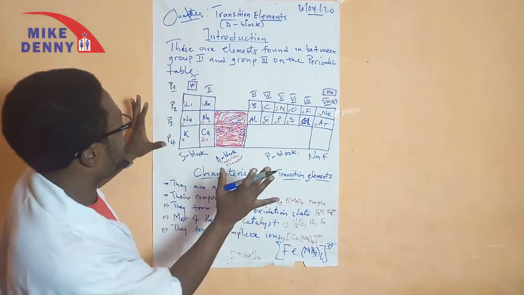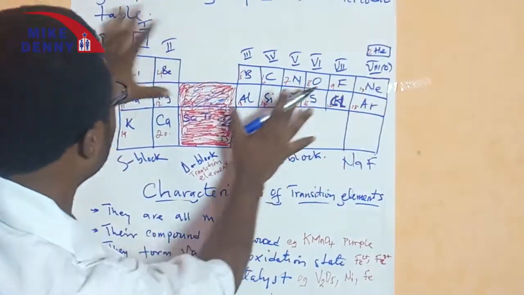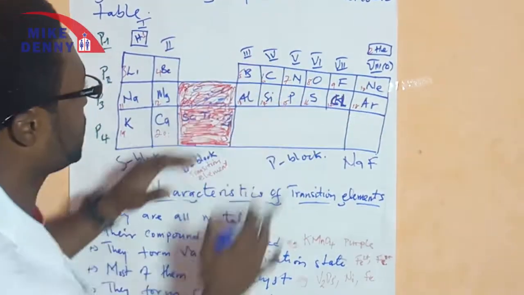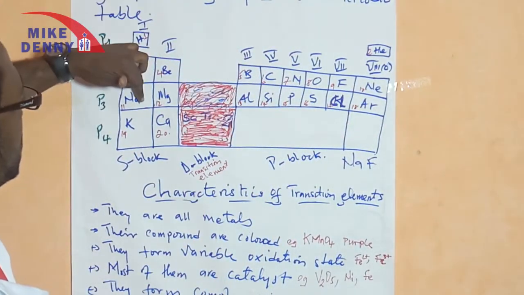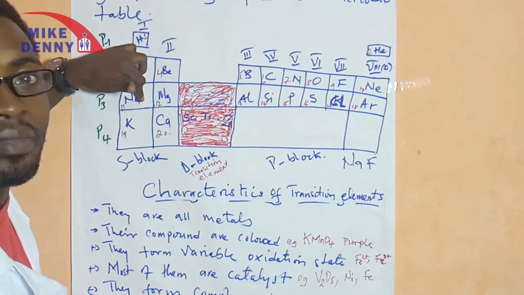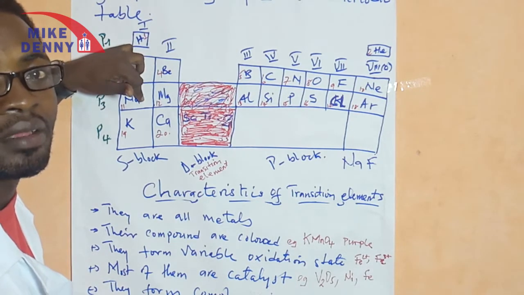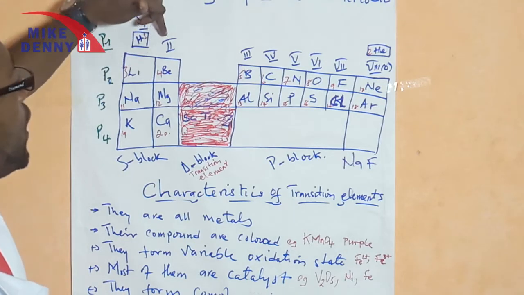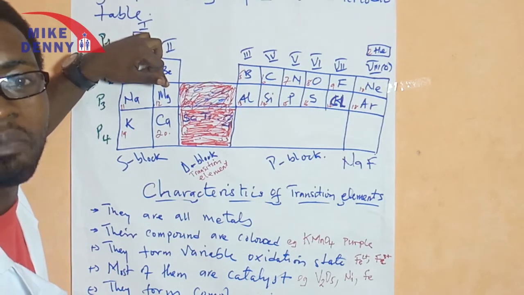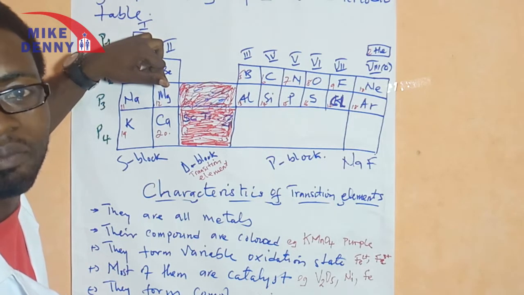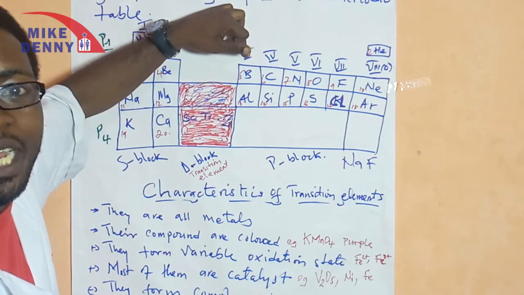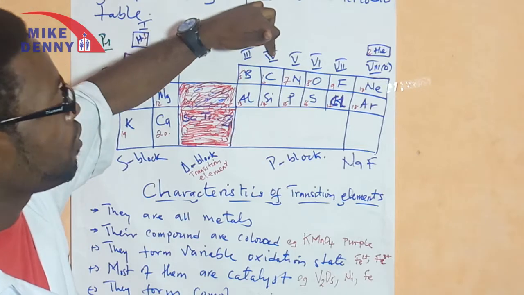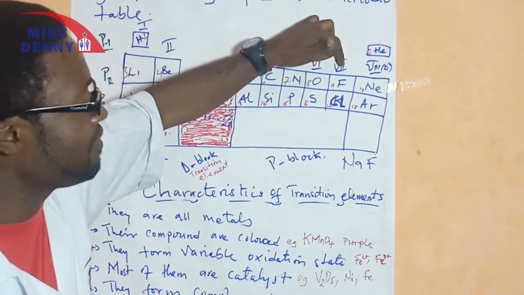Now, you look at my periodic table. On this periodic table, I have the group 1, which we call the alkali metals. We have the group 2, we call them the alkaline earth metals. Group 3 does not have any special name. 4, 5, 6, 7.